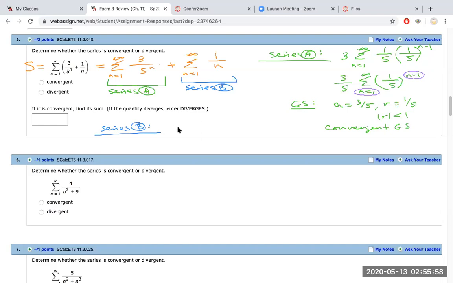Essentially for this one, this is a divergent harmonic series, which is a type of P series.